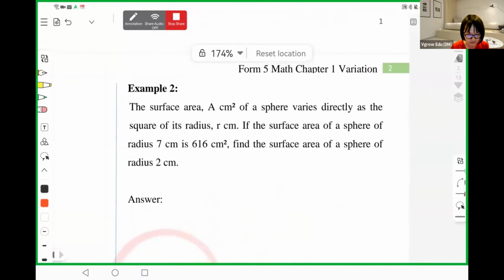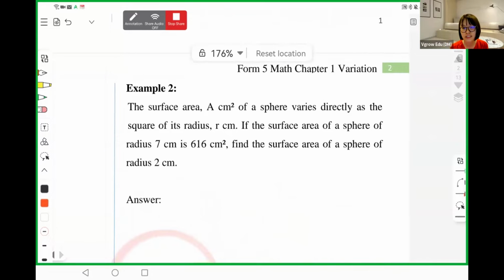In a storyline, I'm not sure whether you heard about the SPM this year. Has any one of you heard your seniors talking about the recent SPM paper? No? Yes, okay, what did they say about this year's SPM paper?